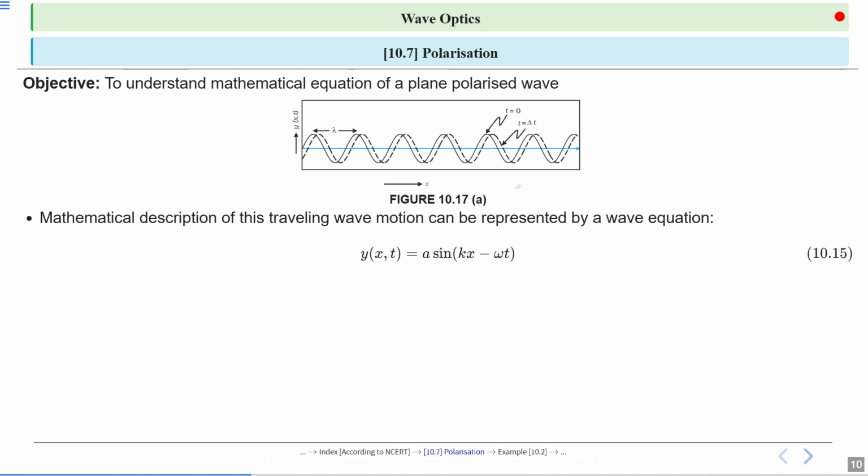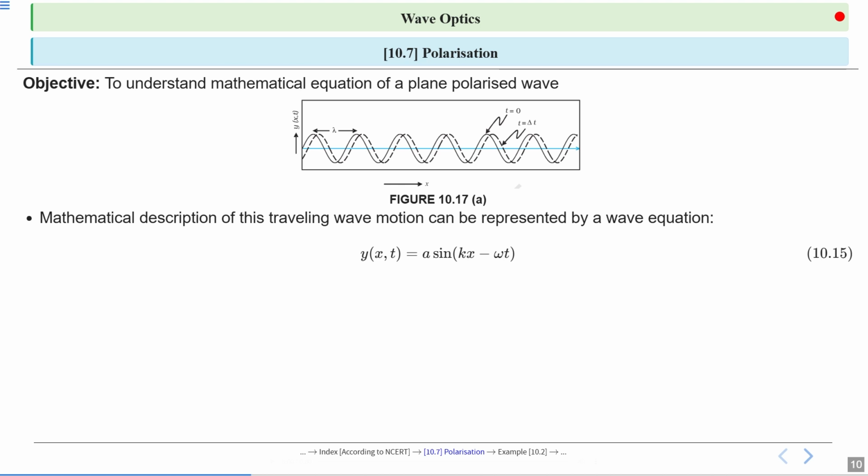Its equation is y = A sin(kx − ωt). So kx is the factor representing the position, and ωt is the time dependence. In this equation, y represents the displacement of the wave at position x and time t.